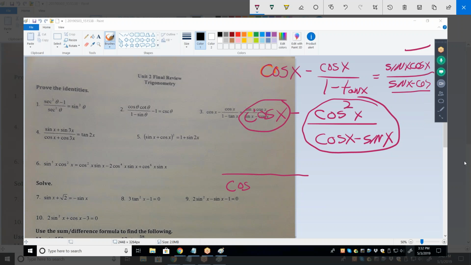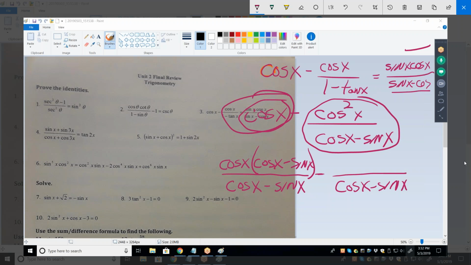When you're proving trig identities, a lot of times you can have different paths. So what has to go there is cosine x times cosine x minus sine x, right? In other words, that makes it the same as that. What goes over here is the same thing that was there. Okay, so now we've got that. Now we have a common denominator here.